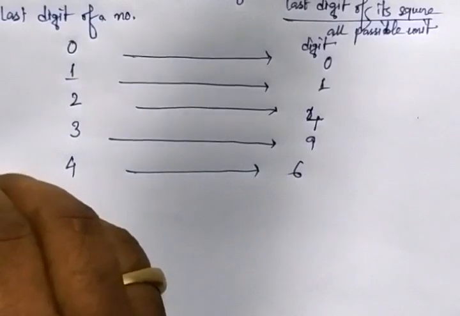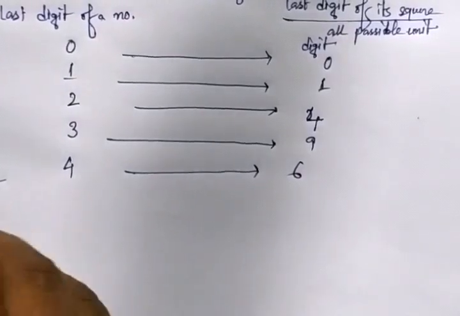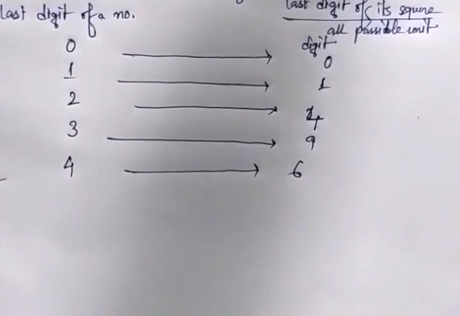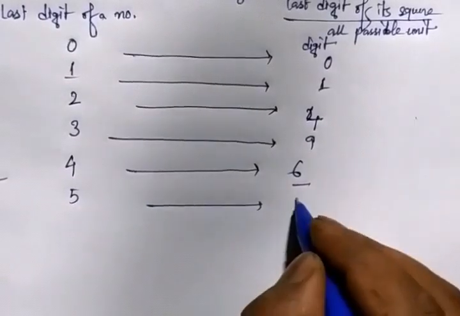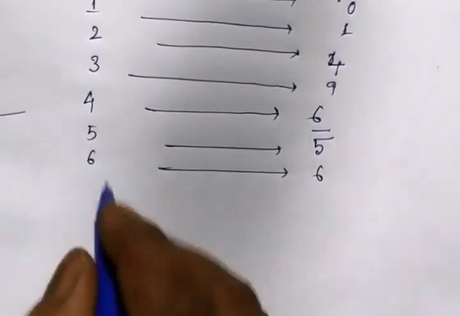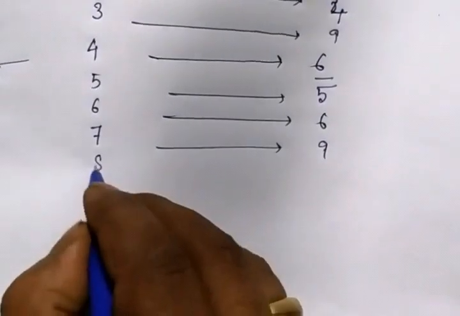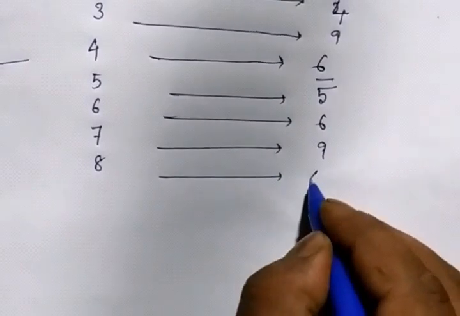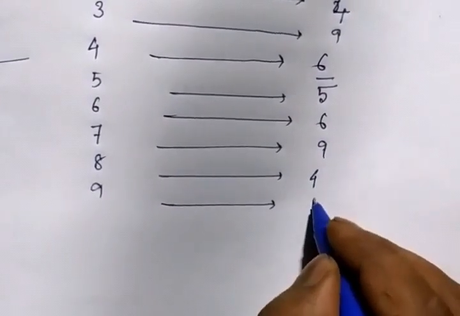Why? Because if we multiply a number ending in 4 by itself, the last digit is 6. For 5, the last digit is 5. For 6, it is 6. 7 squared is 49, that means 9. 8 squared is 64, that means 4. 9 squared is 81, that means 1.